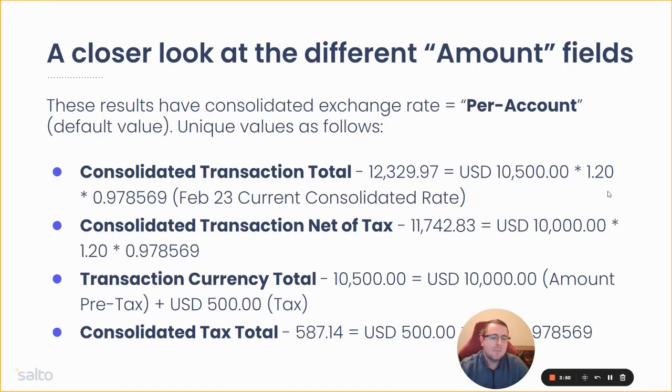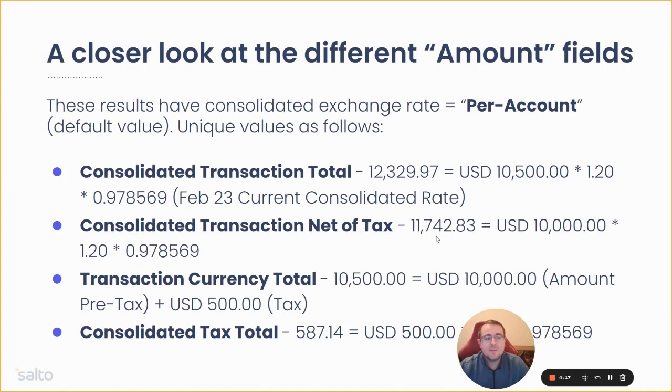And then we multiply it by the appropriate consolidated exchange rate. Now notice here the exchange rate that has been applied is the February 2023 consolidated exchange rate. We're going to talk about that shortly, why NetSuite is using the February 2023 consolidated exchange rate when the transaction itself wasn't posted until April 2023 accounting period.